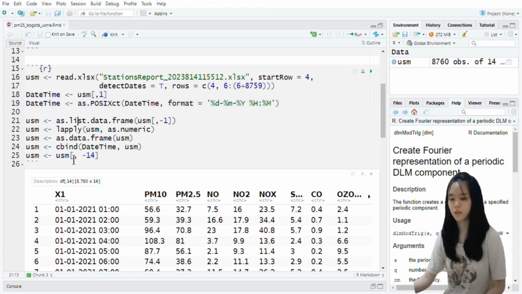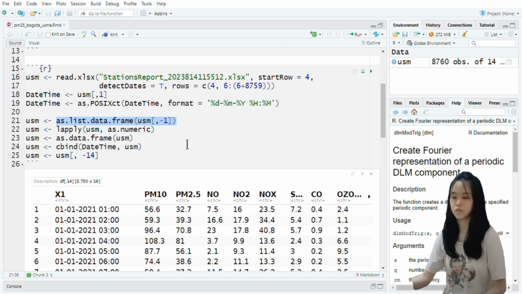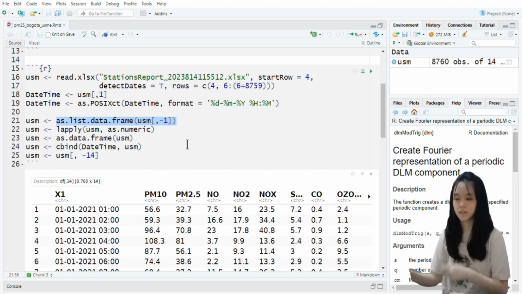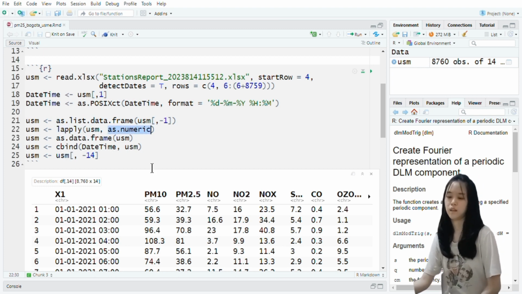And then for the rest of the columns, I converted the data frame to a list first, so that it would be a list of lists, and then to each of the lists I apply the function as.numeric.